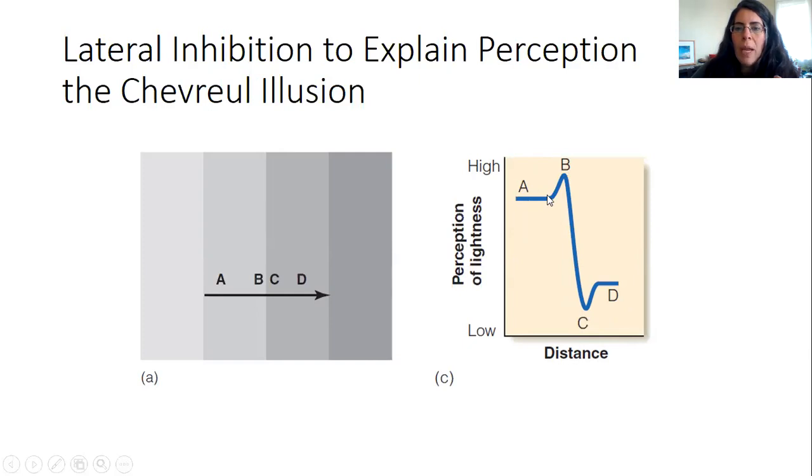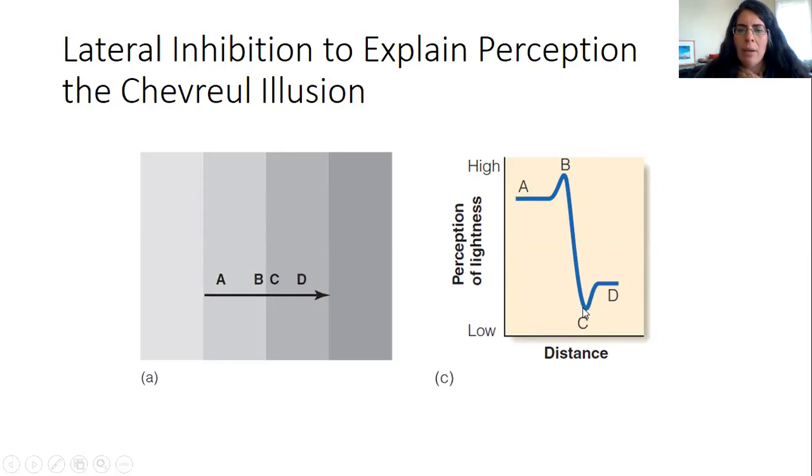When you go from A to B, once B changes into C, you have this bump up in brightness. That's that bar that's kind of running down this border right here that you can see. It looks a little lighter, a little more intense. And then you see this dip right here capturing this dark bar that you're seeing right at that boundary.